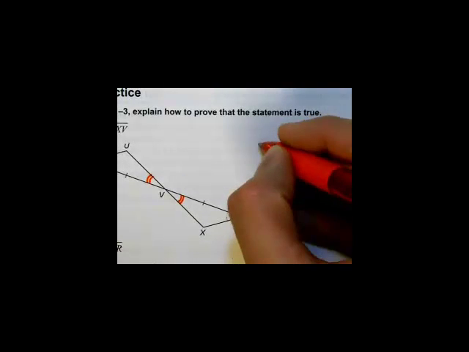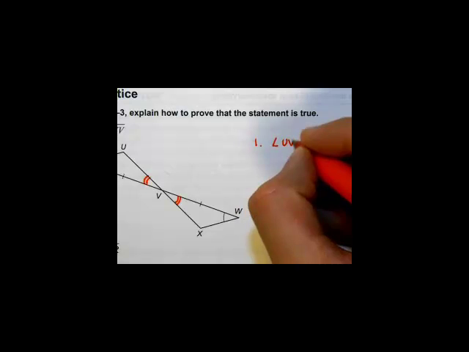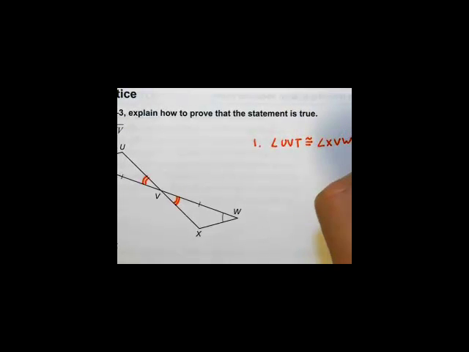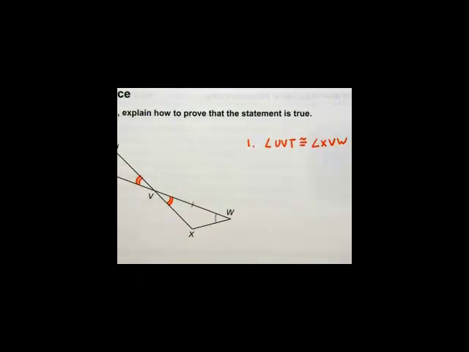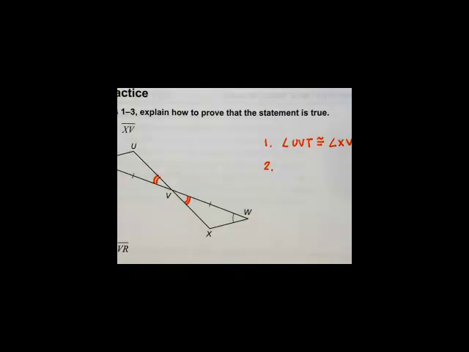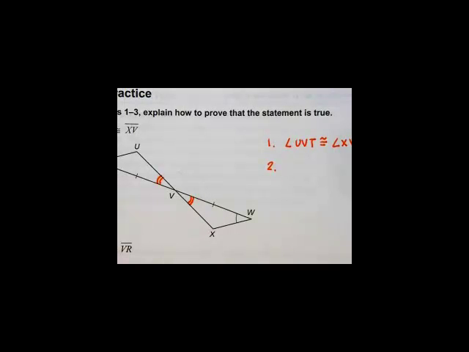Okay, so off to the side, the way we're going to explain how to prove the statement is true. Number 1, angle UVT is congruent to angle XVW, and that's because they're vertical. And then number 2, now that I know that, what can I do?